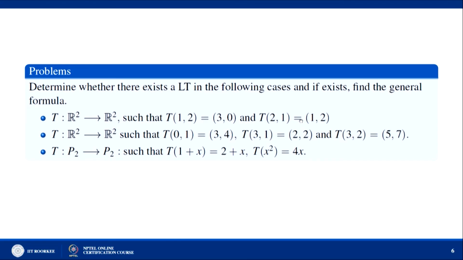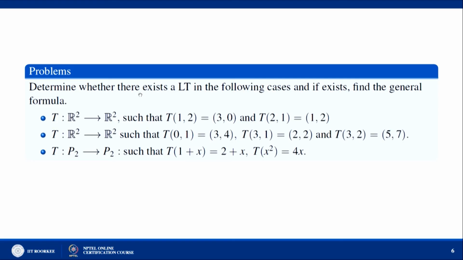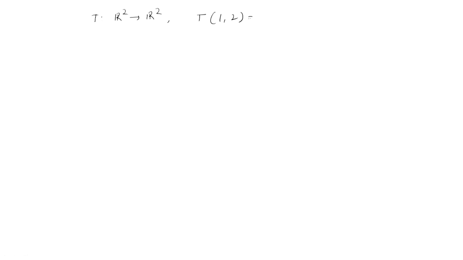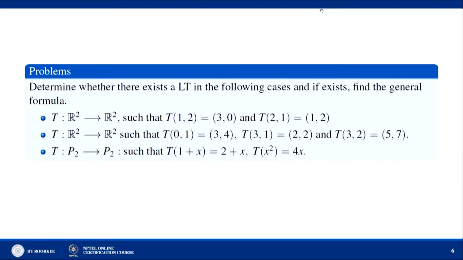How can we see? So, let us see. Here it is T from R2 to R2, and here T of (1, 2) is (3, 0) and T of (2, 1) is (1, 2).